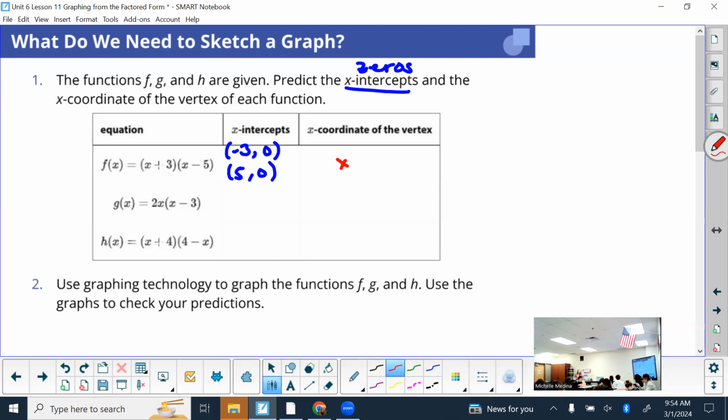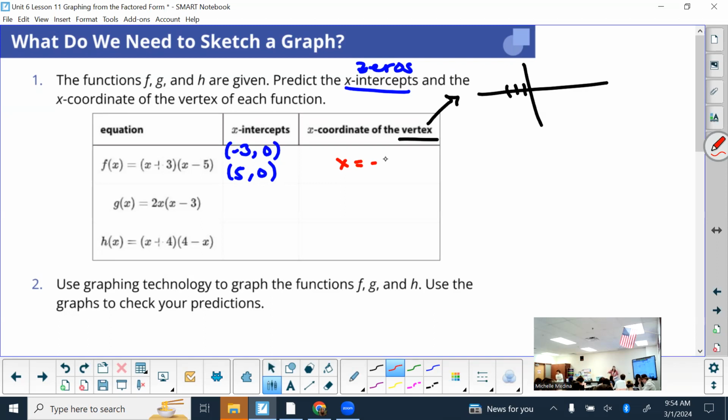What the x value of the vertex would be? So you should only have one vertex, right?